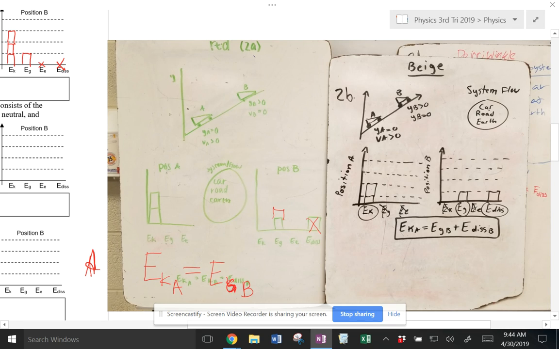Could you be the hero and in that joint PD box up front, can you write it? There's a marker.